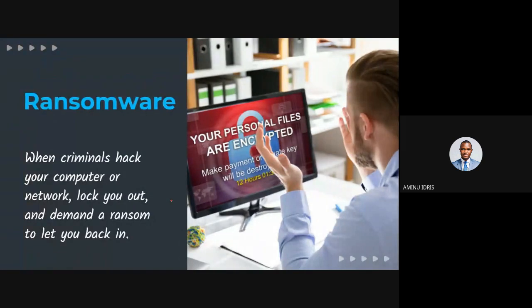When a criminal hacks into your computer or network, he is going to lock you out and request a ransom, just like the way kidnappers kidnap people and call to negotiate: we want you to send us 60 million naira before we release him. That's how you will be battling with attackers whenever they manage to get you to download ransomware that locks your entire device.